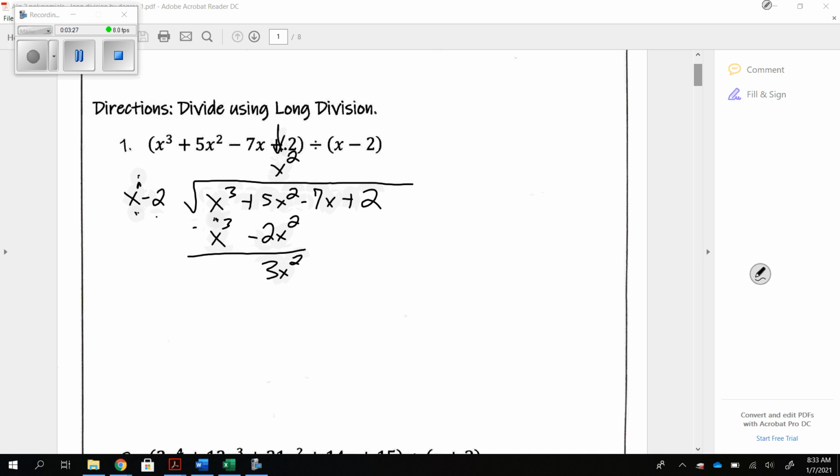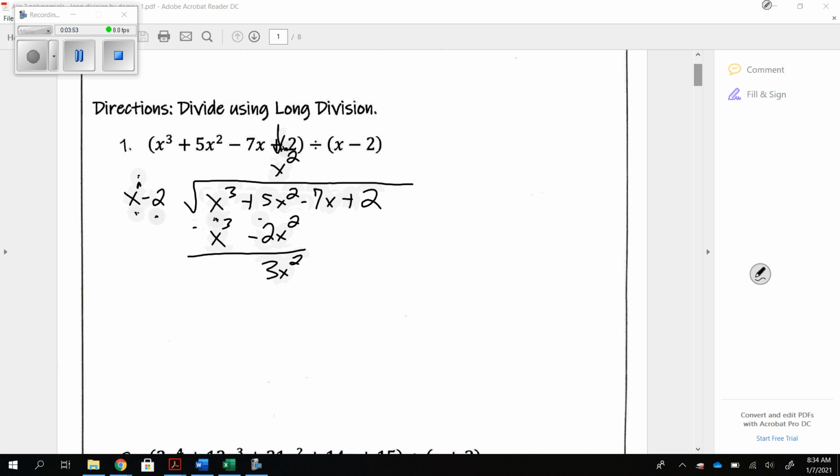Before I move on, I want to make sure you know: we canceled the first one out, then we took x squared. We already multiplied it by x, so we wouldn't do that again. We take x squared and multiply it by negative 2 to get negative 2x squared, which we will subtract. Technically, we're combining this.